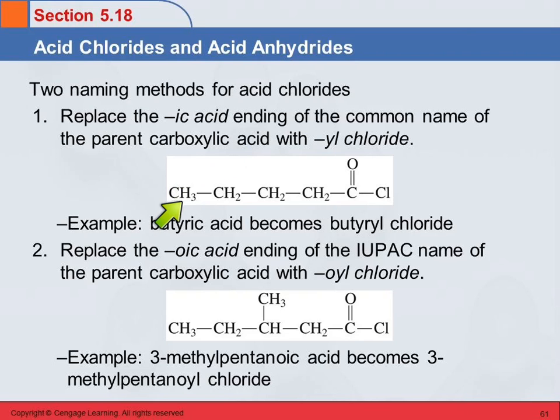And so this acid chloride is a derivative of butyric acid. So butyric acid, four carbons. Wait, that's wrong. That's got 5 carbons.